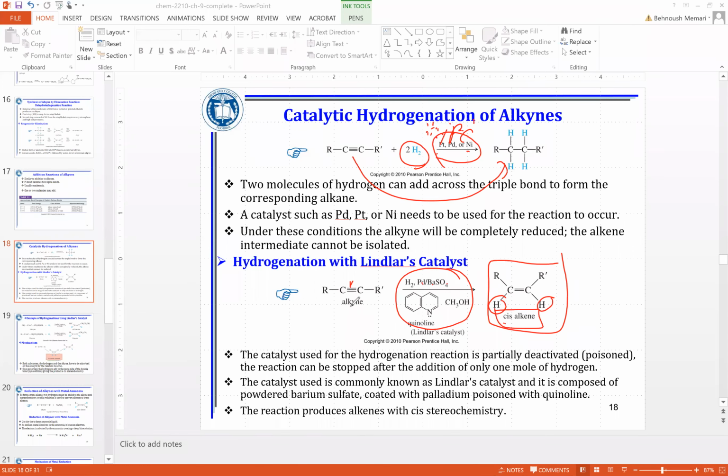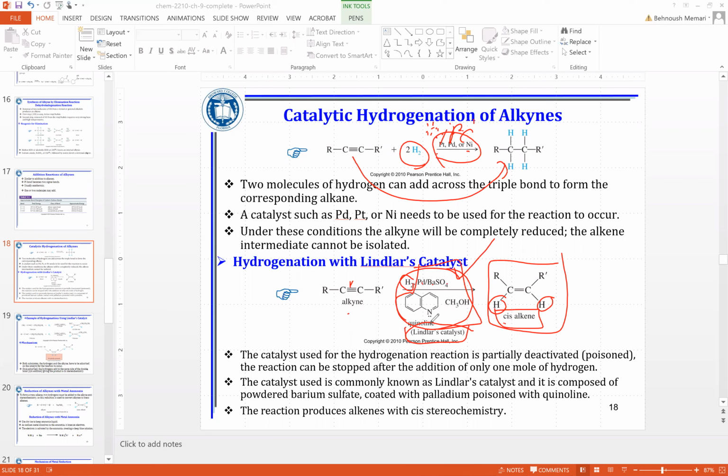So from now on, from alkyne going to cis alkene, you must know this is the set of reagents you are using. The name of this set of reagents is called Lindlar catalyst. So other than hydrogen, everything else is called Lindlar catalyst. And then with the hydrogen it is the Lindlar reagent set.